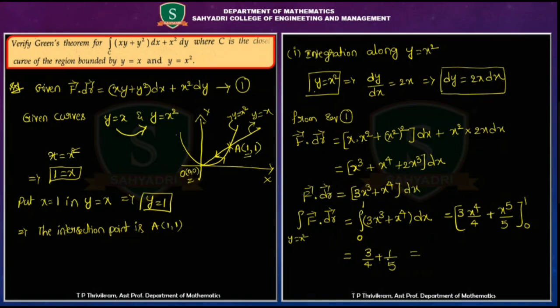So what is the fraction of this? 3 by 4 plus this one means LCM is 20. 15 plus 4 will get. So that means 19 by 20.